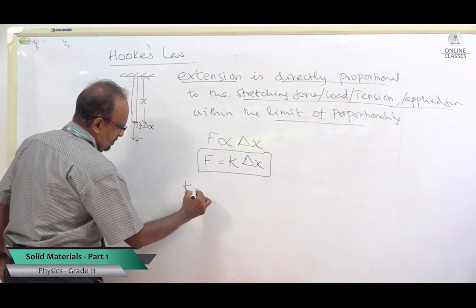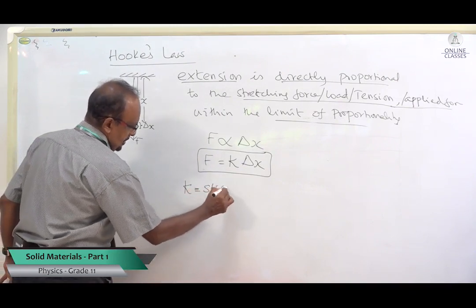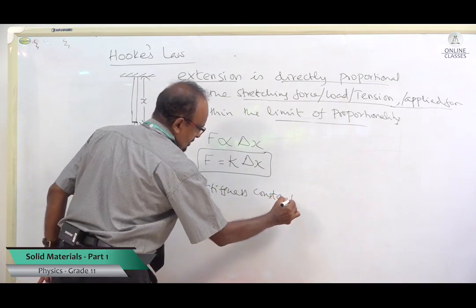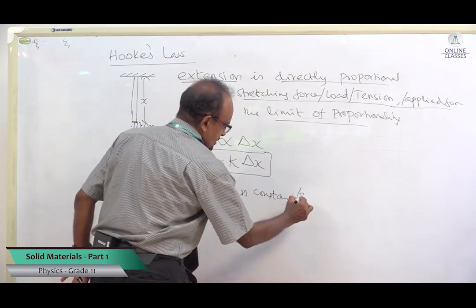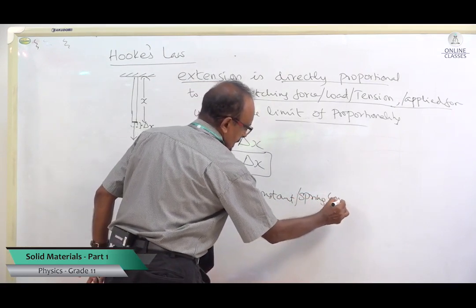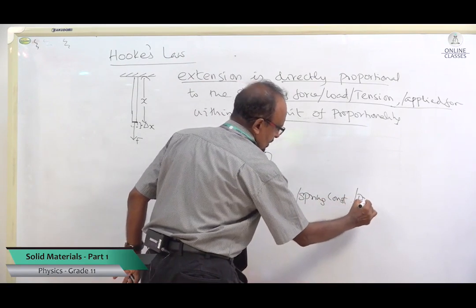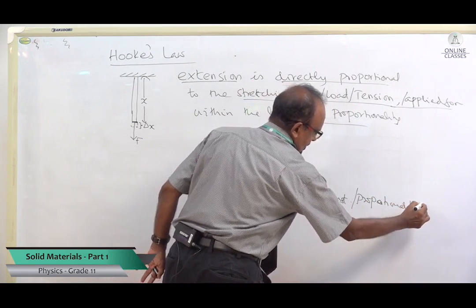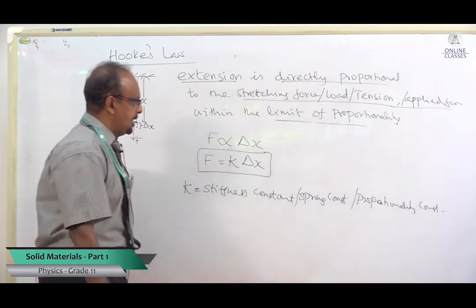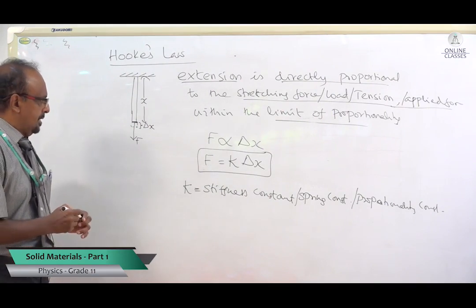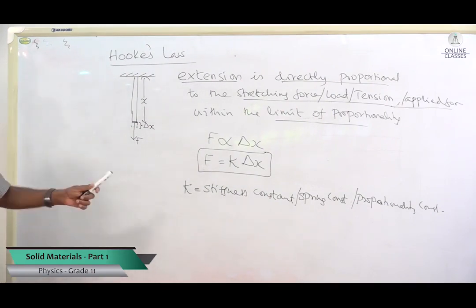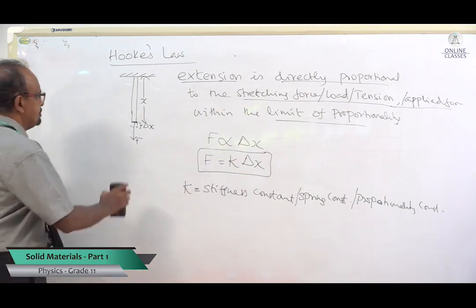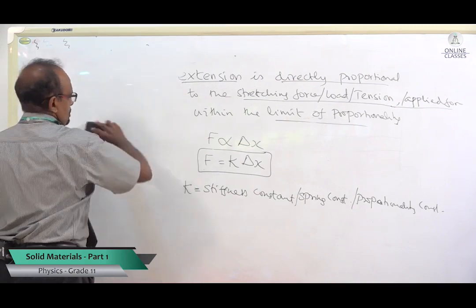This K we call the stiffness constant, or if you use a spring, we can say spring constant, or proportionality constant. You can see as F increases, delta X also increases. This is Hooke's law.